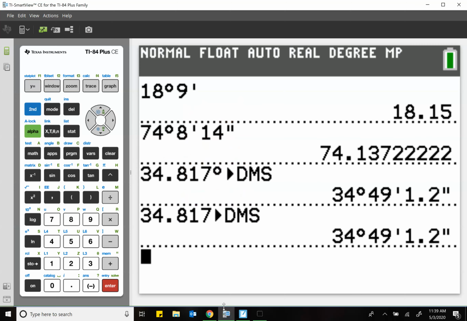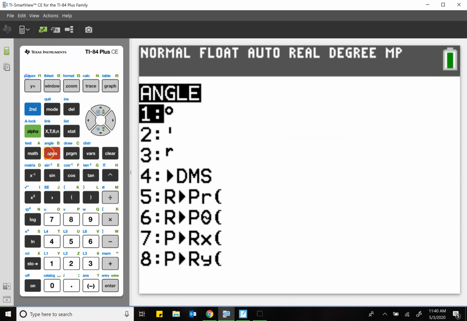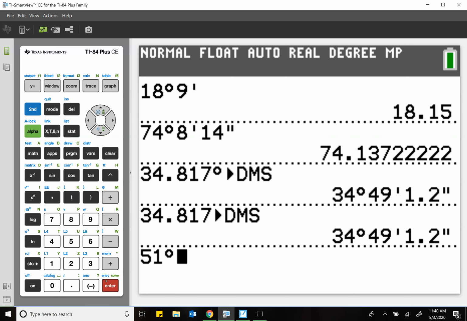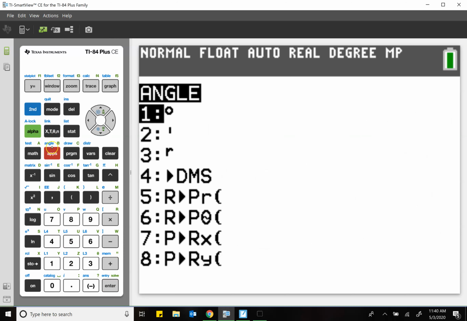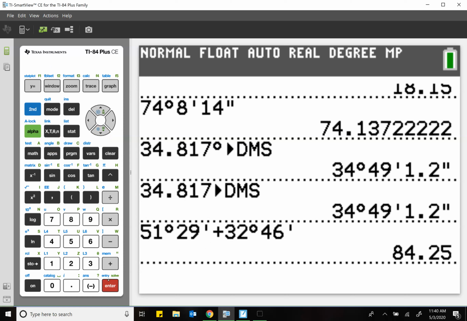So if you go to your calculator and you put in 51 degrees, 29 minutes, plus 32 degrees and 46 minutes. Add it. There's the decimal answer.